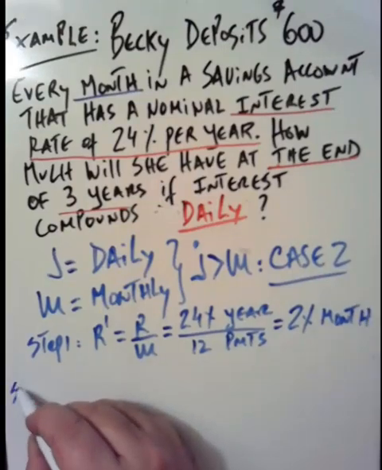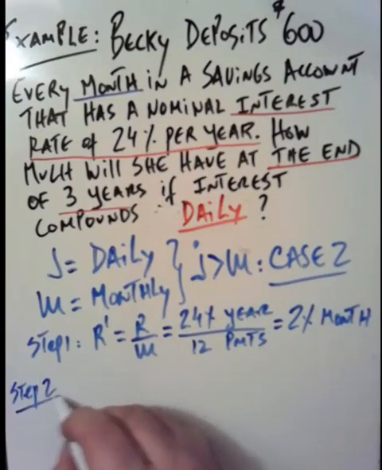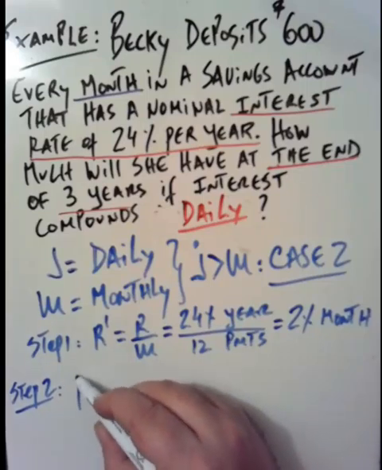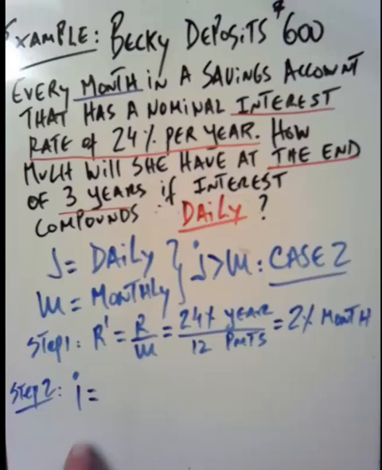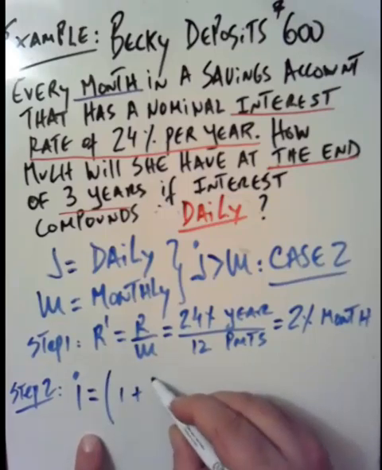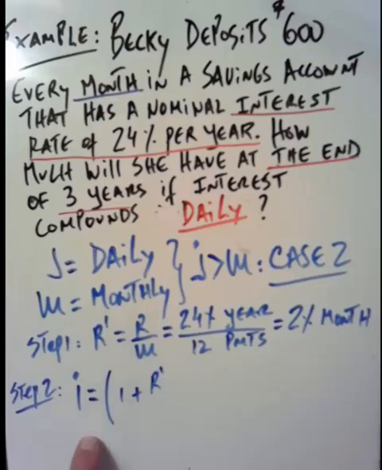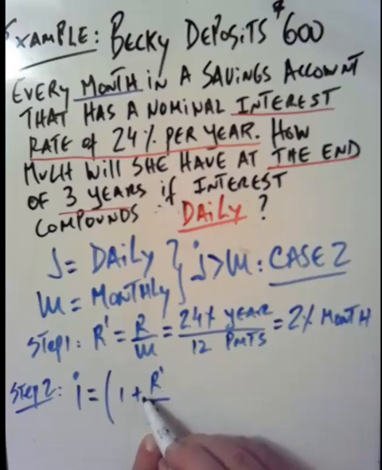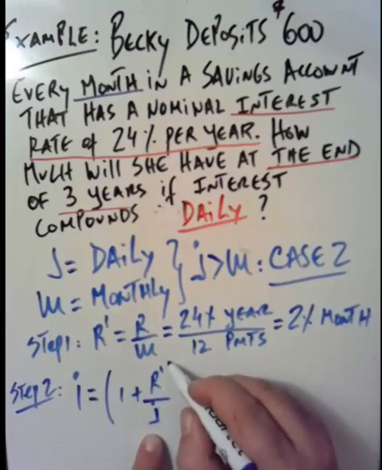Step 2. Use the formula shown in the textbook, which is the effective interest rate is going to be equal to 1 plus r prime that we just found divided by j, divided by how many times interest is going to be compounding within cash flows, in between cash flows.